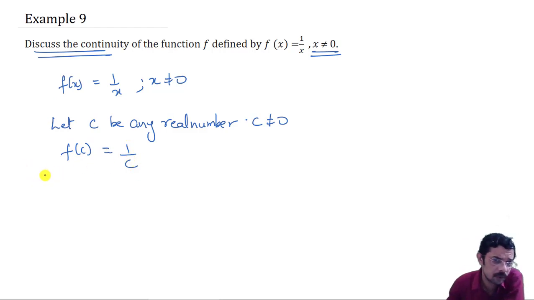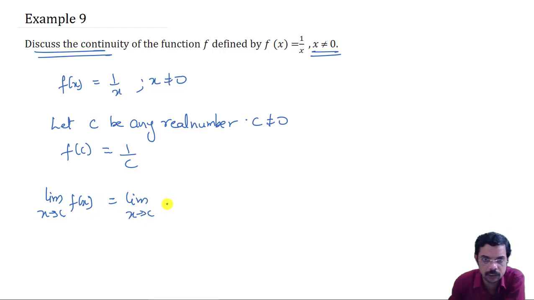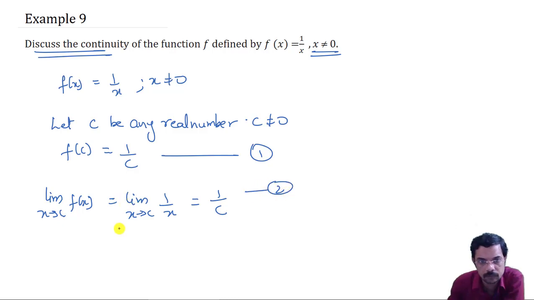Next, we find the limit x tends to c of f of x. That is equal to limit x tends to c of 1 by x, and that will be equal to 1 by c. So this is the first point, and this is the second point. From 1 and 2, limit x tends to c of f of x is equal to f of c.